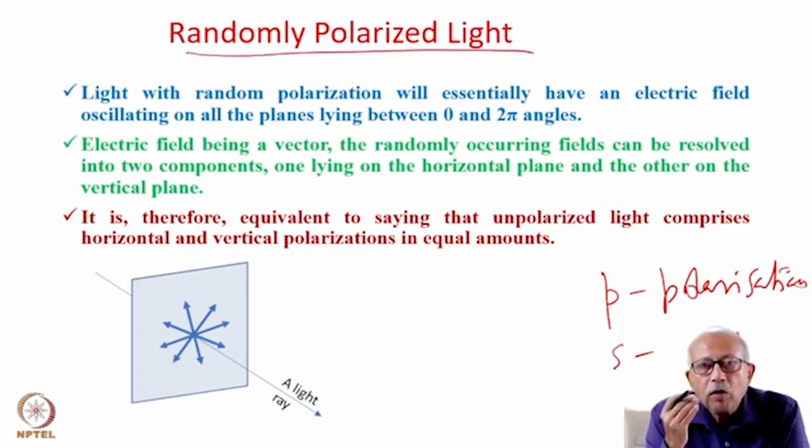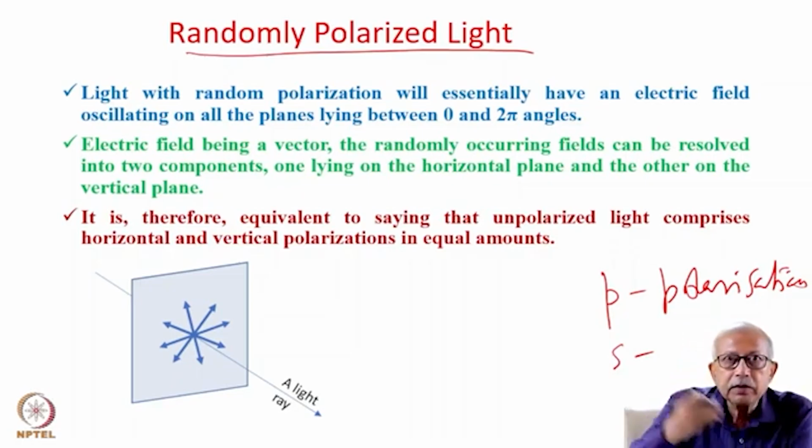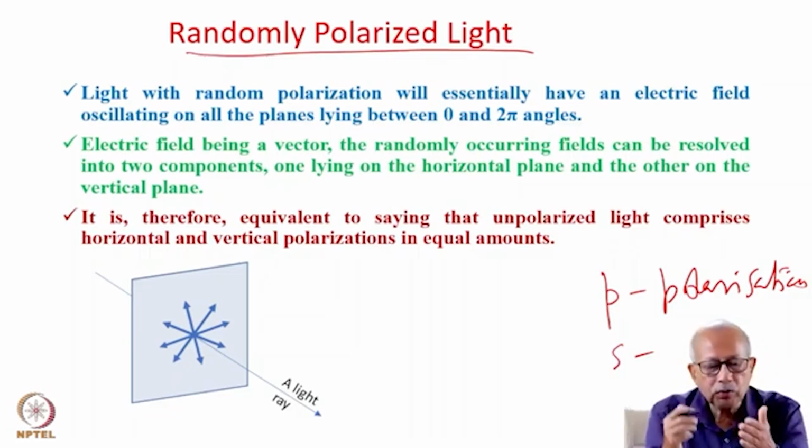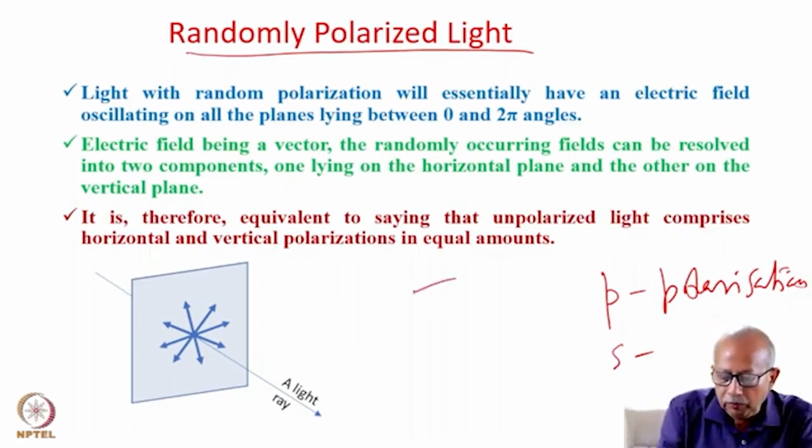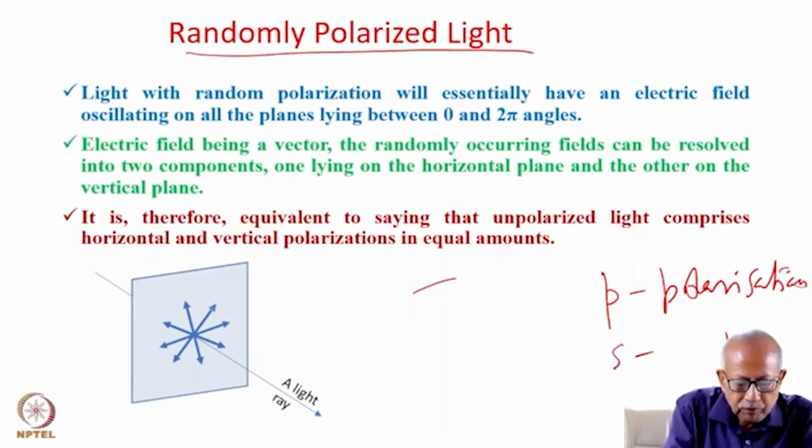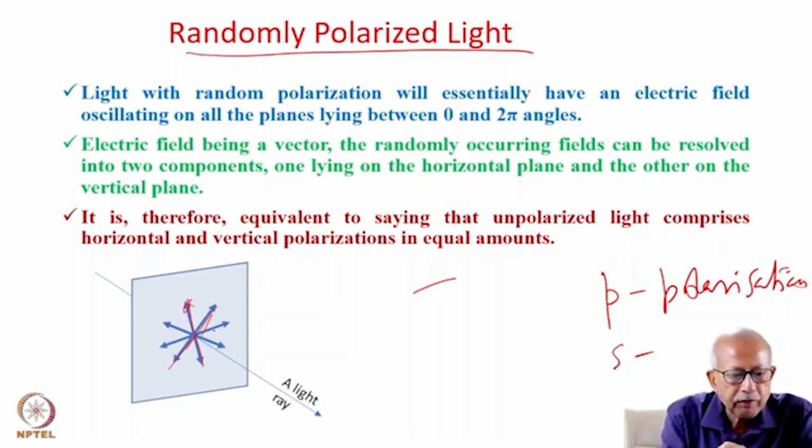Randomly polarized light is, of course, the one where the electric field, and the magnetic field as well, oscillates in all possible directions on the plane which is orthogonal to the direction of propagation. So the electric field shown here is oscillating in all directions randomly.